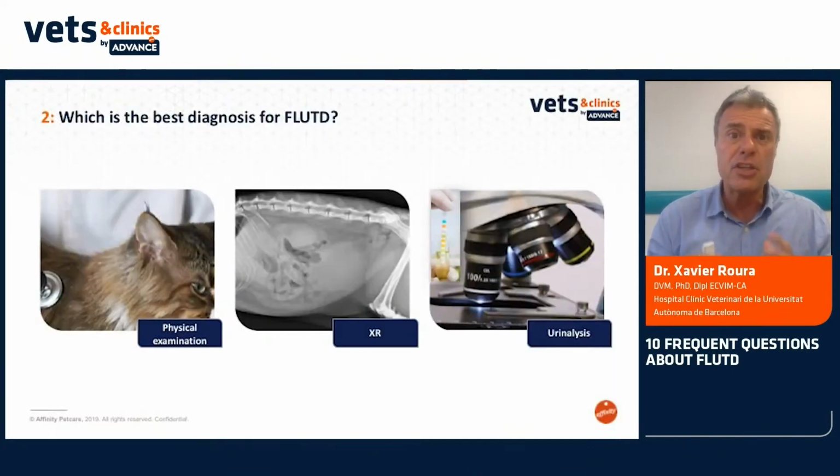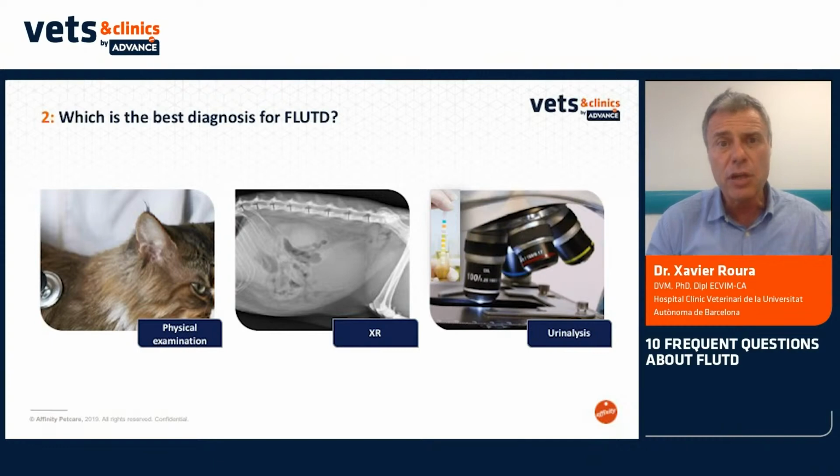When we take these 3 factors all together, the first time that a cat arrives at our clinic, you need to do a complete physical examination, including orthopedic and neurological examination, in order to find potential causes that can produce the clinical signs associated with feline lower urinary tract disease.